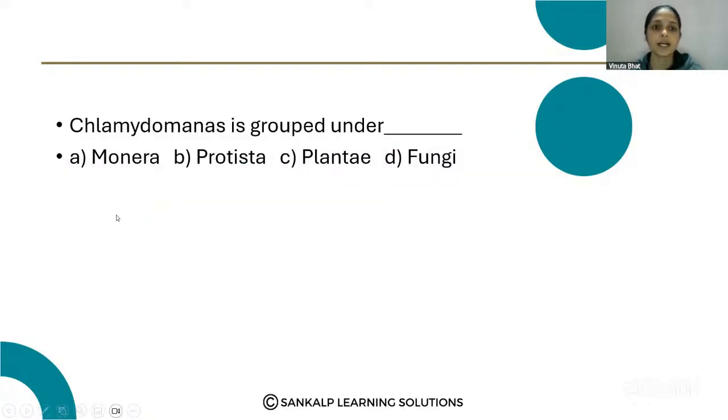Next question. Chlamydomonas is grouped under option A Monera, option B Protista, option C Plantae, and option D fungi.